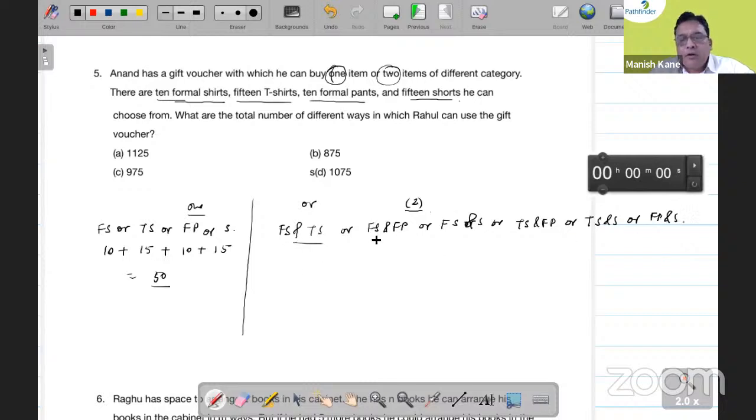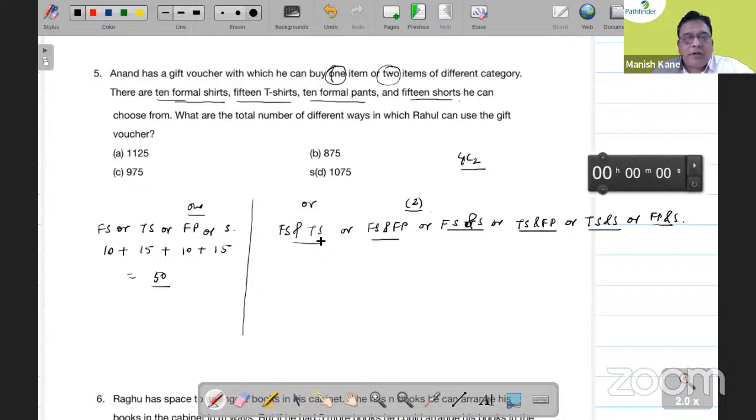So there are 1, 2, 3, 4, 5, 6. Actually, if you know a bit of combination, you would have realized that there would be 4C2 cases, which we actually understood by picking 2 out of these 4 categories.